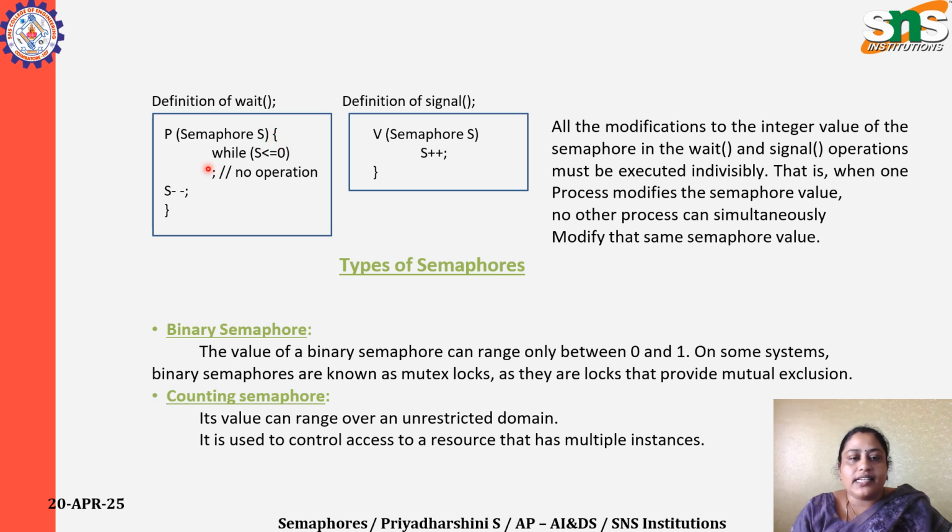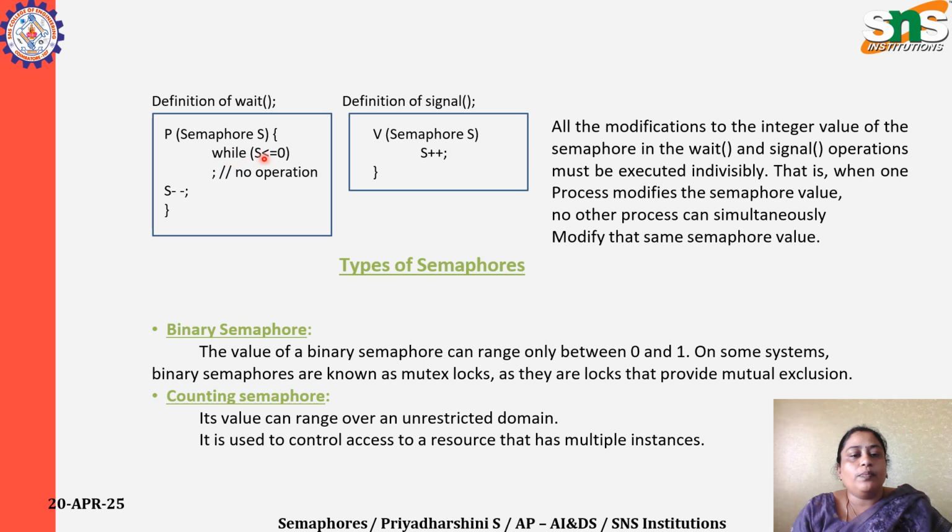The next thing is while S is less than or equal to 0. In this, while S is less than or equal to 0 and they have given a semicolon, which means that there is no operation after this while loop.